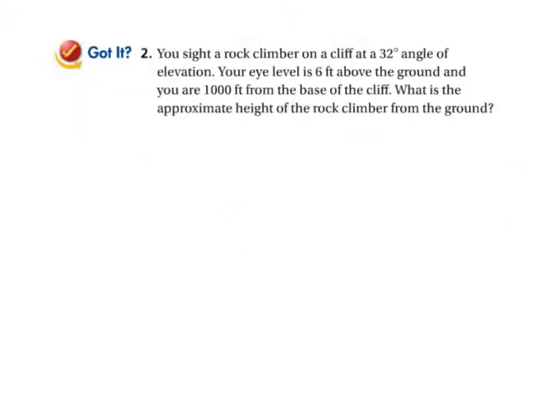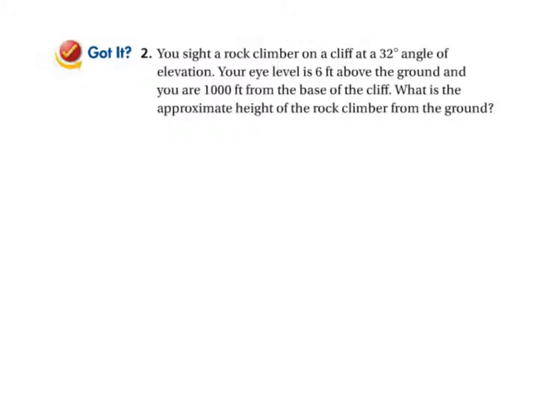Okay, last one. You sight a rock climber on a cliff at a 32-degree angle of elevation. So you're looking up at this rock climber. Your eye level is 6 feet above the ground, and you're 1,000 feet from the base of the cliff. What is the approximate height of the rock climber from the ground?